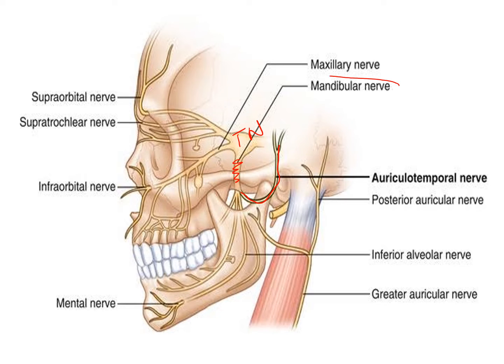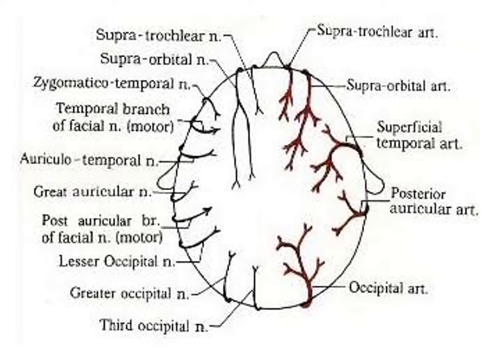You can see here, this is the mandibular division of the trigeminal nerve. So we have discussed all the 5 nerves in front of the ear. The supratrochlear, supraorbital, zygomaticotemporal and auriculotemporal nerves are sensory. The motor branch is the temporal branch of the facial nerve, which supplies the frontal belly of the occipitofrontalis muscle.